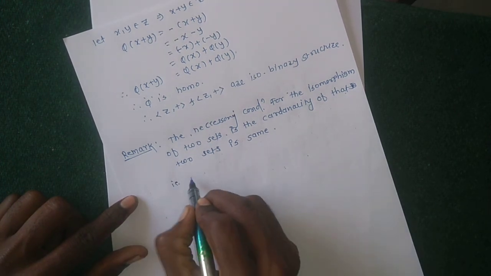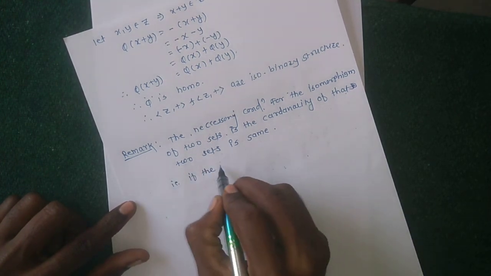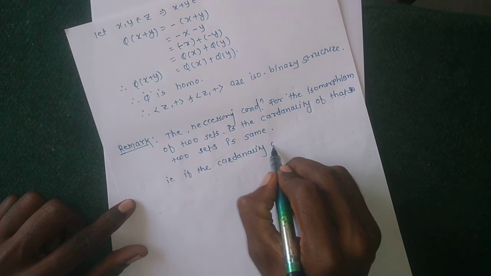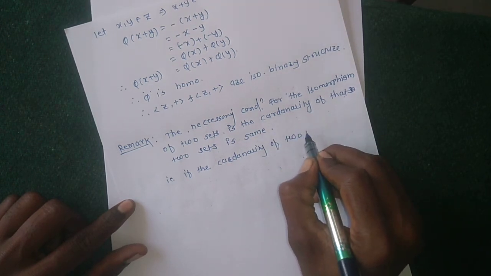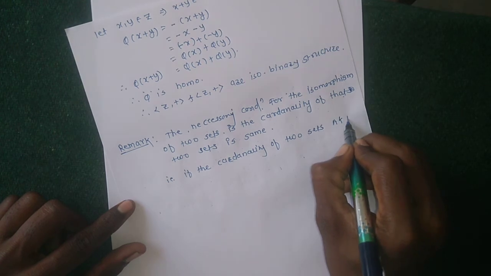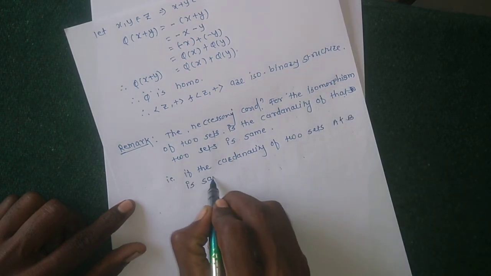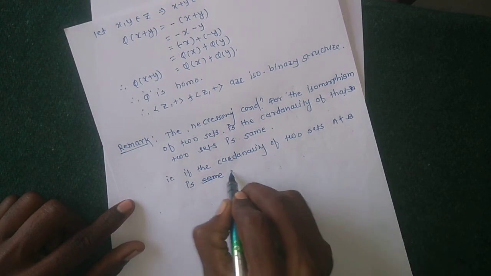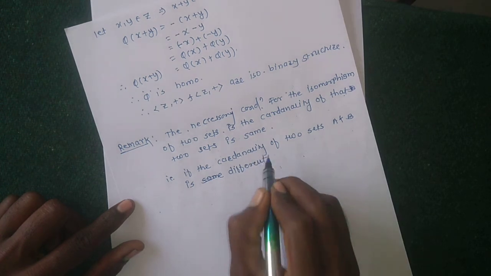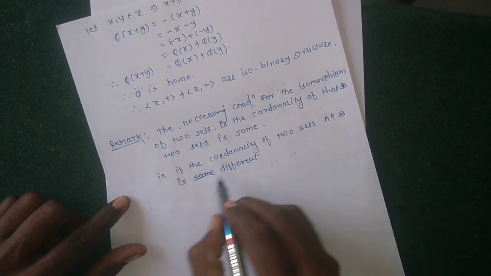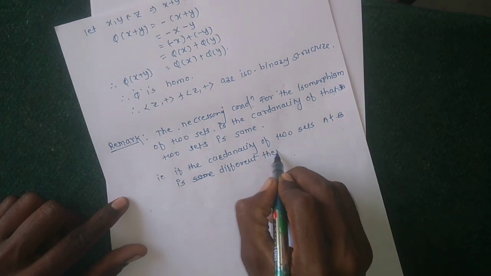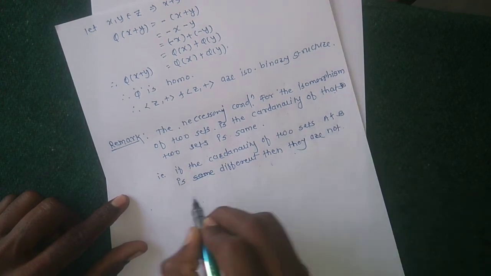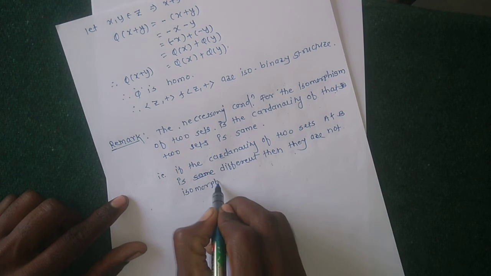That is, if the cardinality of two sets A and B is different, then they are not isomorphic.